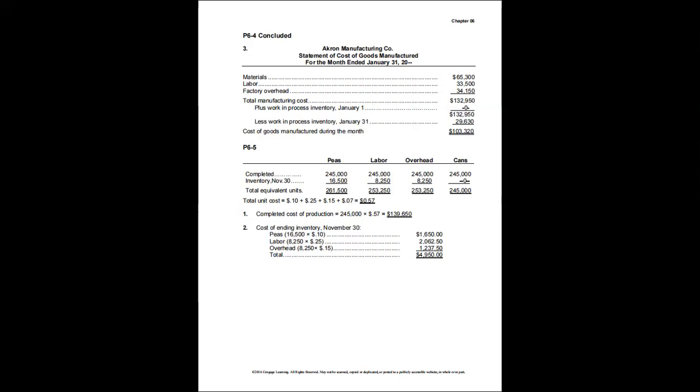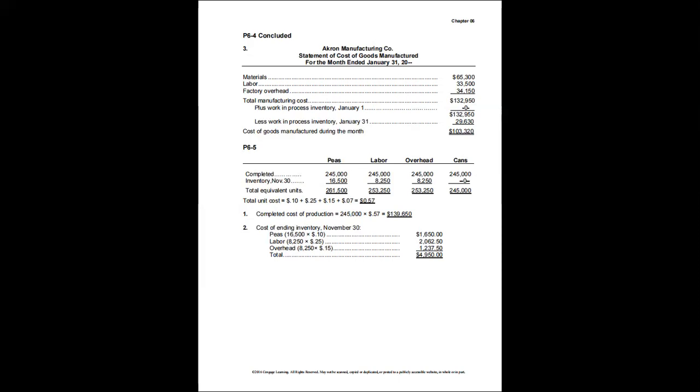Cost of the ending inventory for piece given 16,500. That is the ending inventory. You multiply by the cost per unit. That's equal to 10 cents. For labor, we have 8,250.